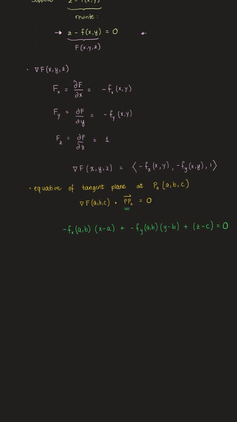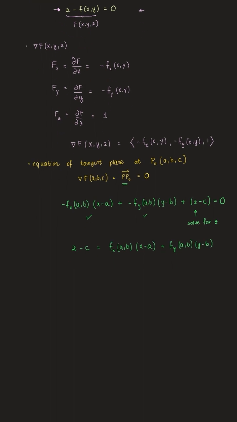Now, because our original function was explicitly defined, let's write our tangent plane in a more explicit form by solving for z. I'm going to move these terms to the right side, and now we have z minus c equals partial with respect to x at a, b times x minus a, plus partial with respect to y at a, b times y minus b.